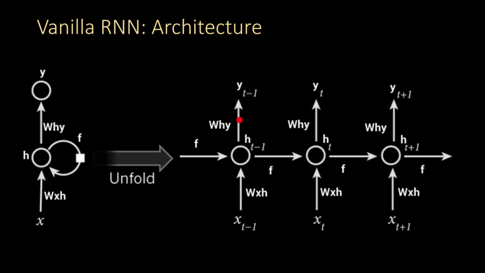If you unfold it, you can see that these weights are shared and get repeated. The U matrix, which is the transition matrix from h_{t-1} to h_t, is not really shown here, but it exists. Let's just call it F.